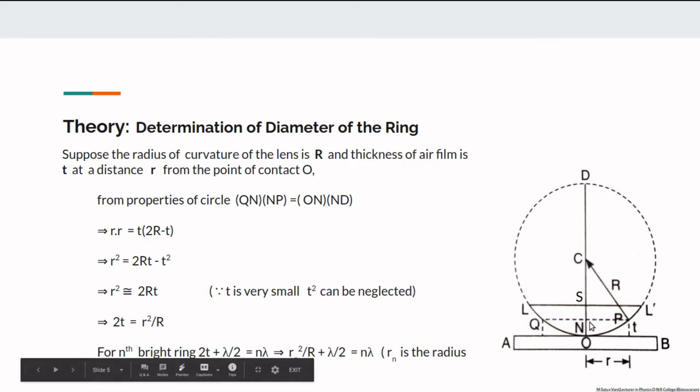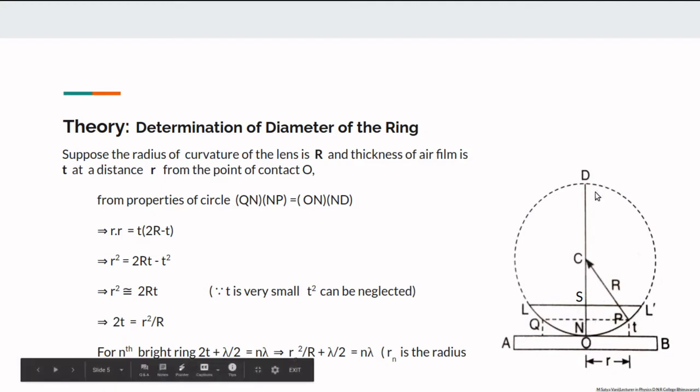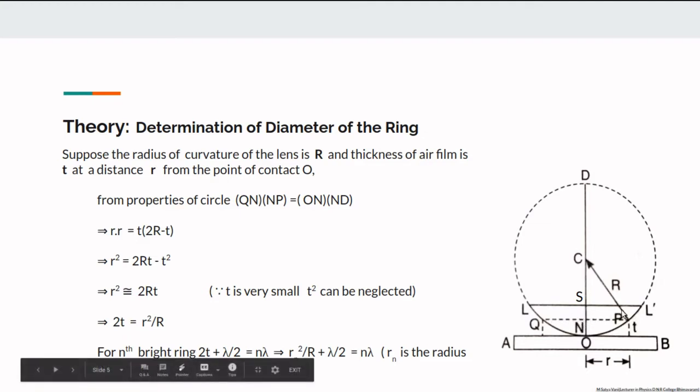Then this is the center of the circle, therefore NP is the radius of the circular ring. Next, when these two lines intersect each other, according to the property of circles, ON into ND, the two parts of OD being ON and ND, ON into ND is equal to, in this case, QN into NP.